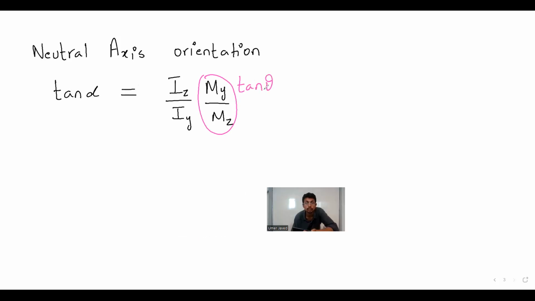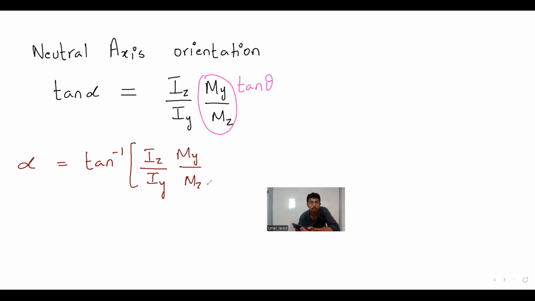Now you will do the number crunching. I won't do it. Give me the value of alpha. Tan inverse Iz over Iy, My over Mz.